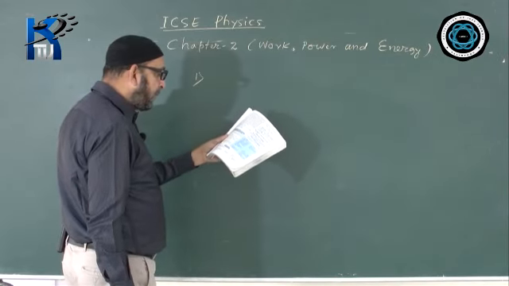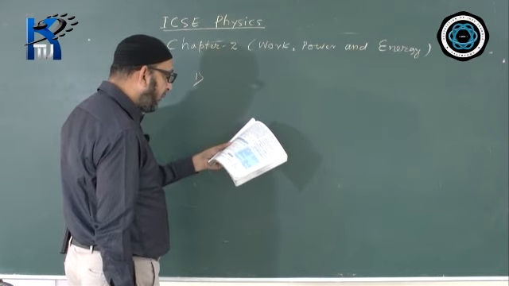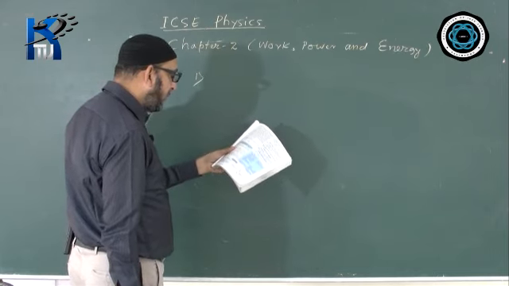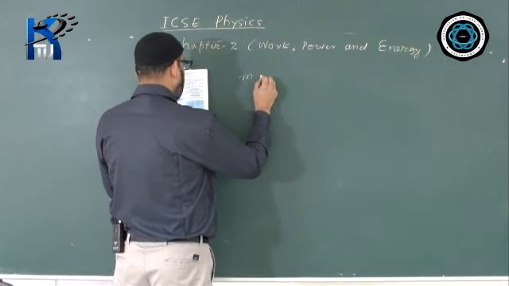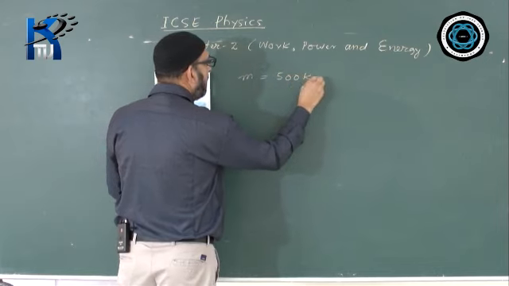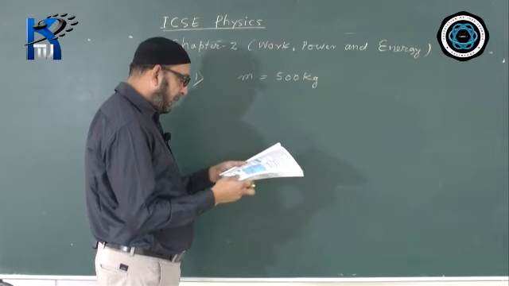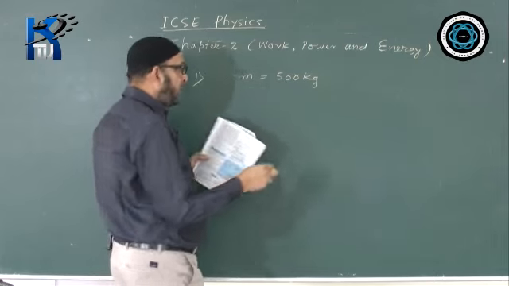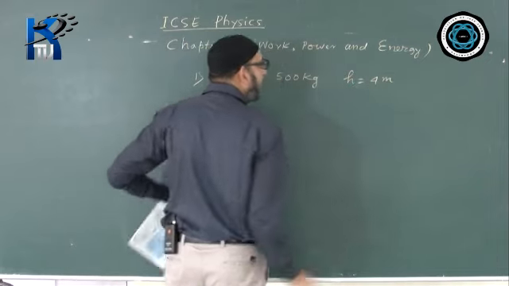A crane pulls up a car of mass 500 kg to a vertical height of 4 meter. Calculate the work done by the crane. Mass of the car is given, 500 kg. We are lifting it by a crane to a height of 4 meters. So height is given, 4 meter, and they are asking to calculate the work done.